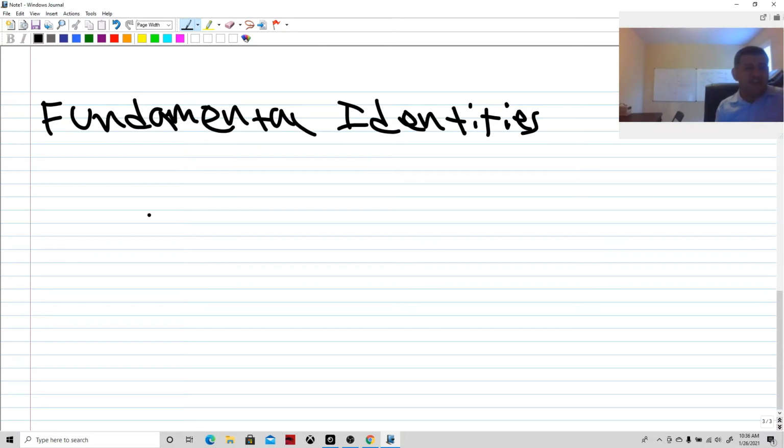The fundamental identities are divided into two categories. One of them is called the reciprocal identities, and the other one is called the quotient identities.